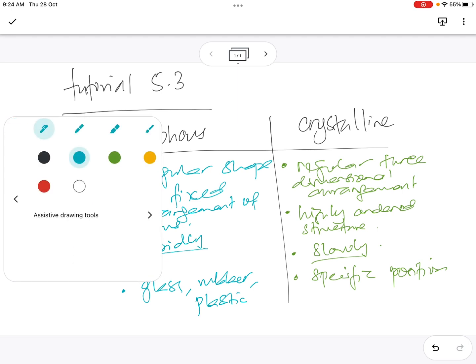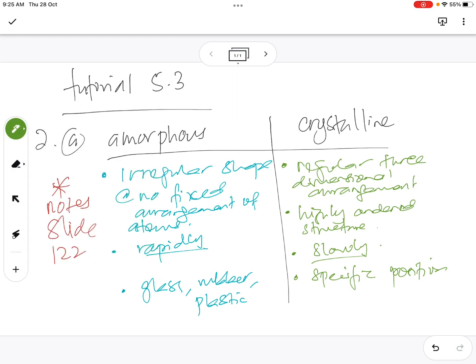While for the crystalline solid, the ones normally you see, very familiar: salt, garam, sugar, gula, ice. They give ice as an example. Ice also can. Diamond, berlian, also an example of crystalline solid. Okay, student at home, dapat jawapan dia?